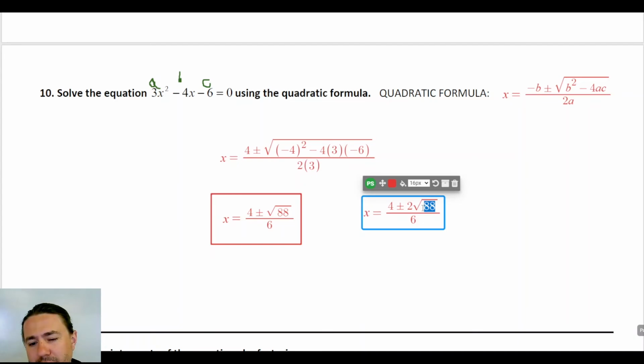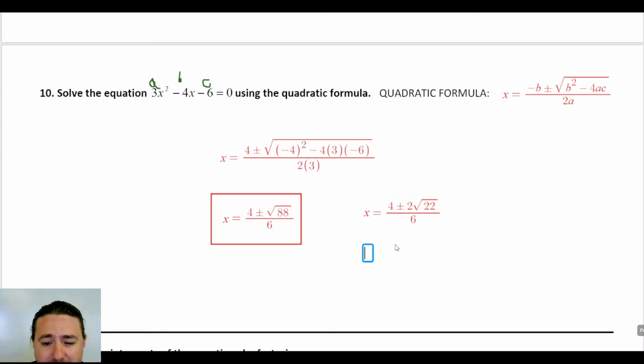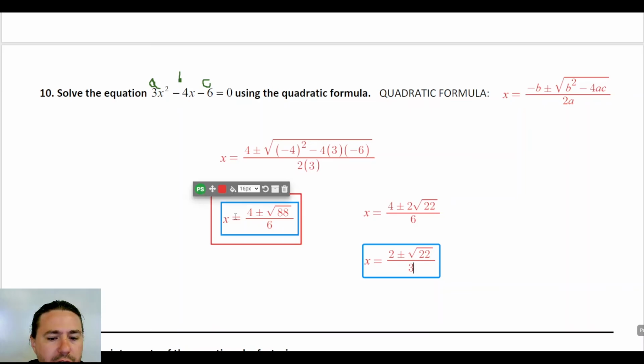So if I divide a 4 out, that would make this 22, so root 22. And then we can simplify all these by dividing by 2. So then we would get 4 divided by 2 is 2, 2 divided by 2 is 1, 6 divided by 2 is 3, and there you go. So this would be the simplified version of that. But this answer over here is okay too.